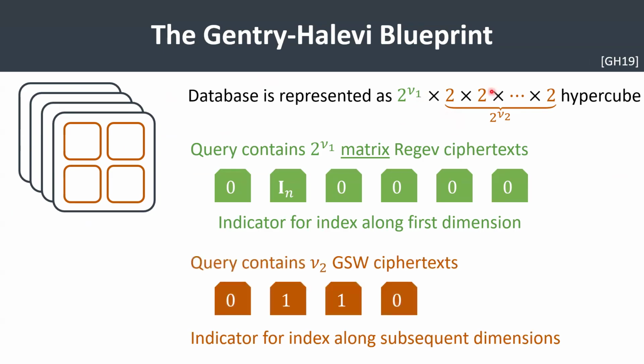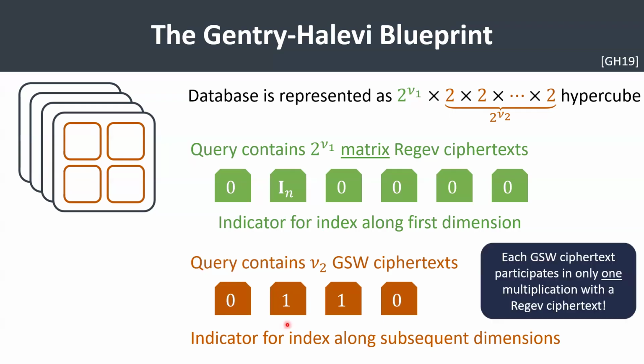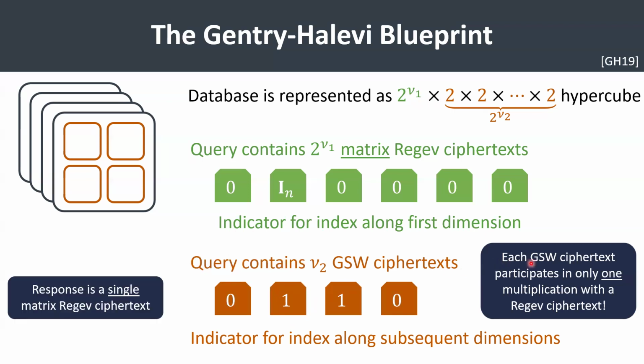For the subsequent dimensions, they're binary dimensions, right? So there's only 2 elements within each slot. I'm going to have a GSW ciphertext that indicates which index I'm looking at in those subsequent dimensions, and that's it. This is the construction.